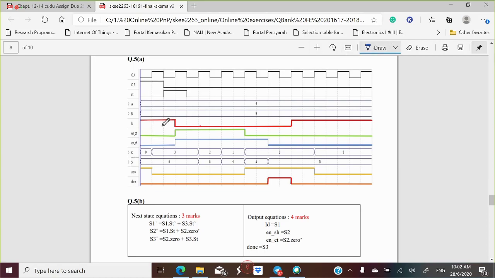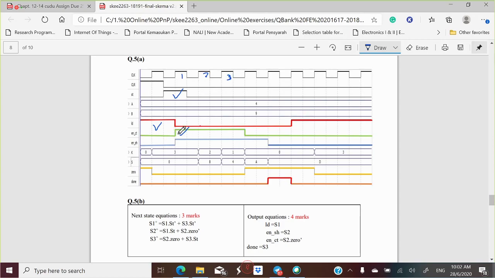Here, right? Because load is on top of start, right? So you have the load starting at 1 and then you have the start. So load only one time and then you don't need to do load anymore. And then you have to do enable count for how long? For looks like 1, 2, 3. 3 pulses.